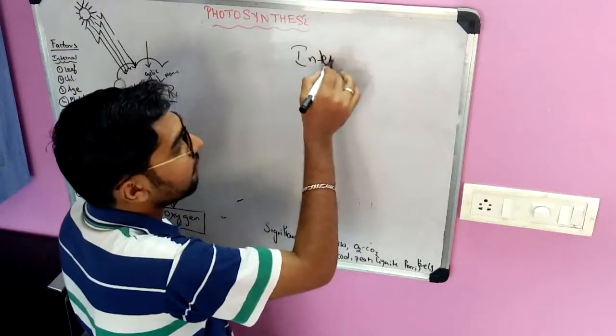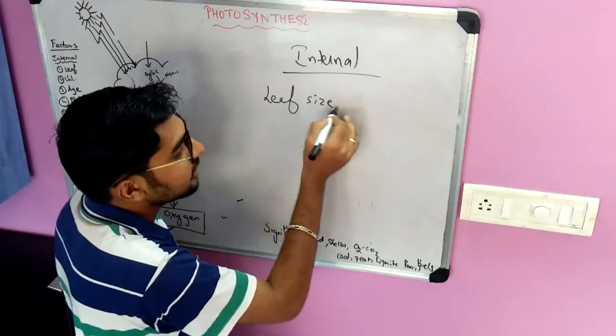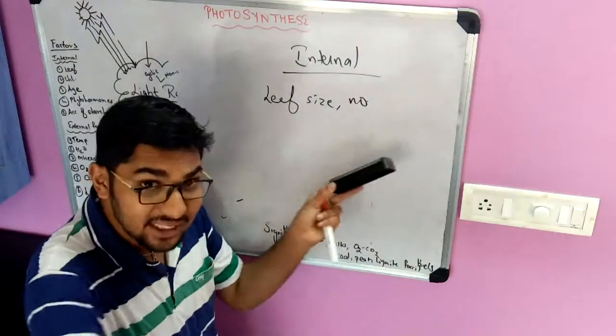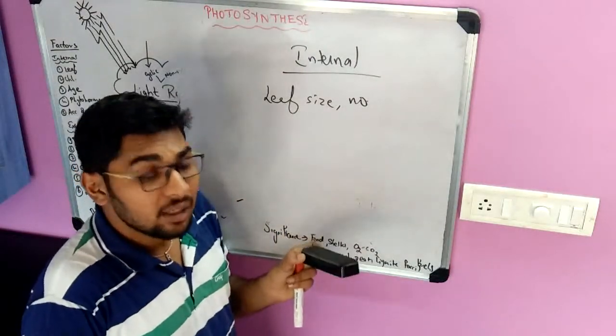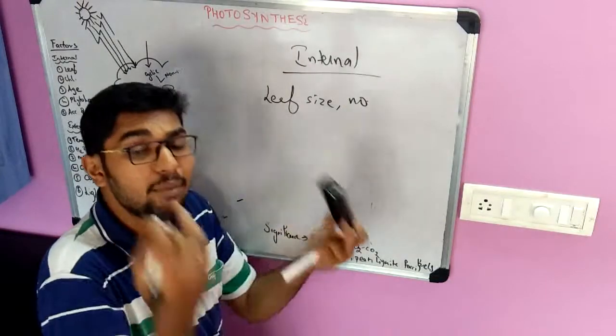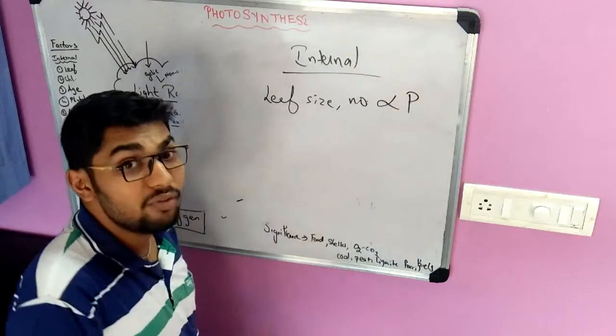Now the internal factors. Internal factors such as leaf size and leaf number. The bigger the leaf lamina is, the better the photosynthesis will be. Even leaf number: the more leaves, the more photosynthesis. That is directly proportional to photosynthesis.